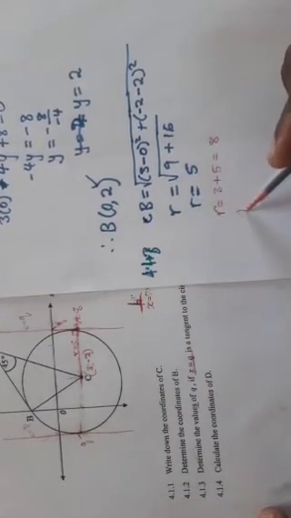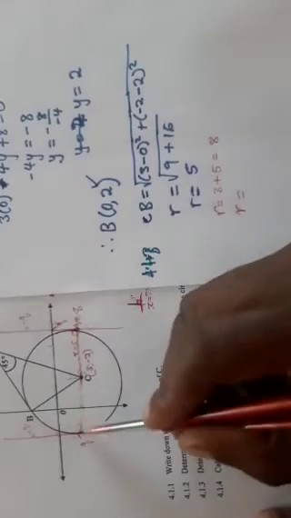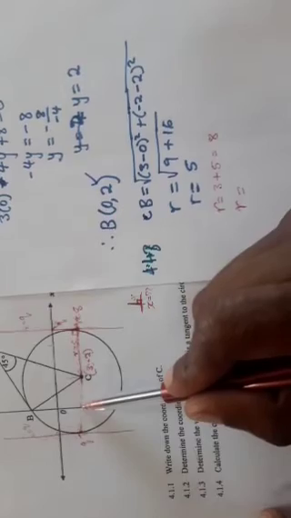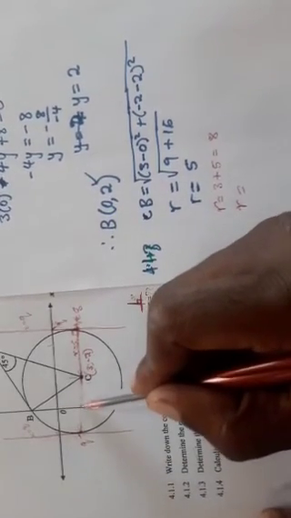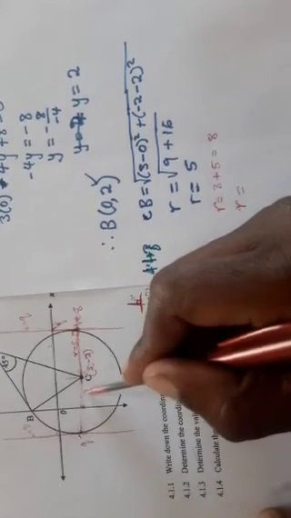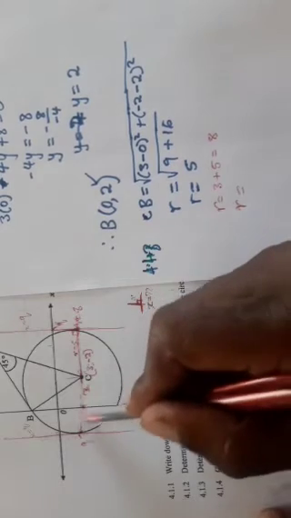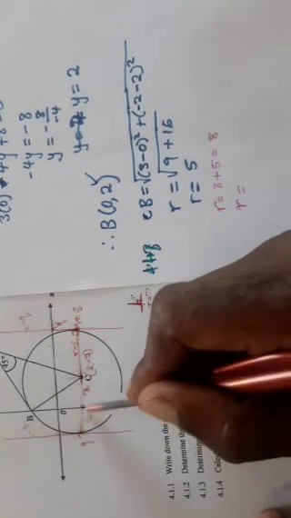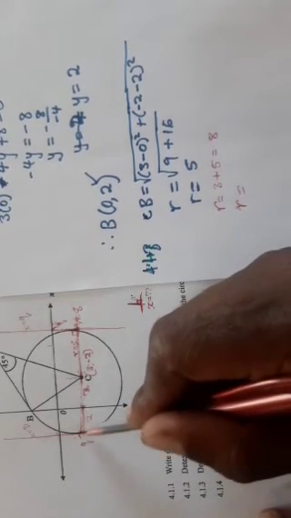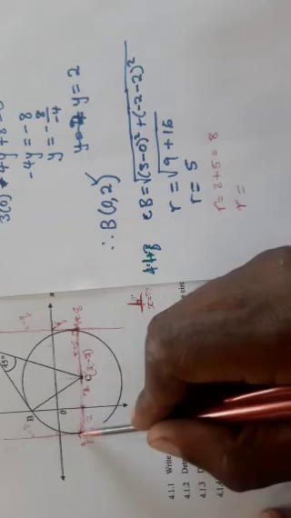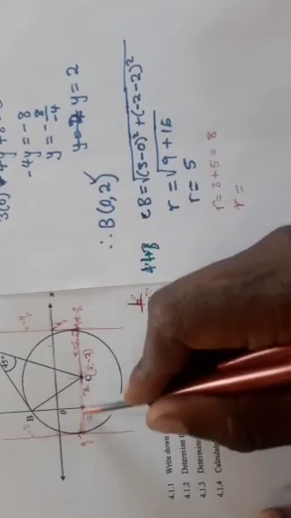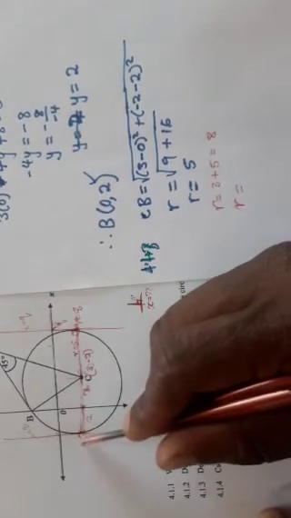Now the other part: from here to here is 3 units going to the left, but the coordinate here is 0 for the x. If we move 3 units, how many units should we go to the left? Obviously 2 units, because we want the value of x here, which is negative.